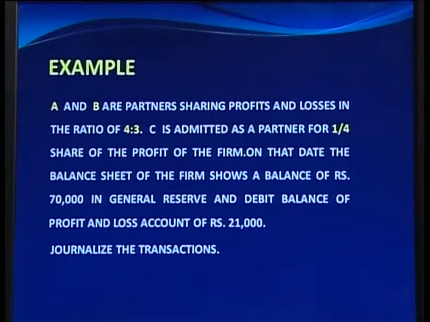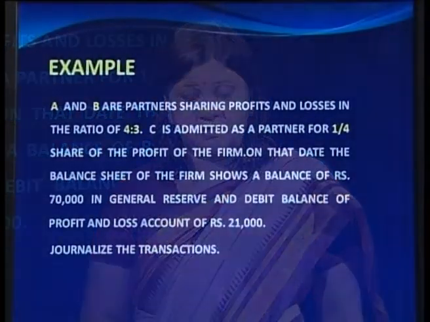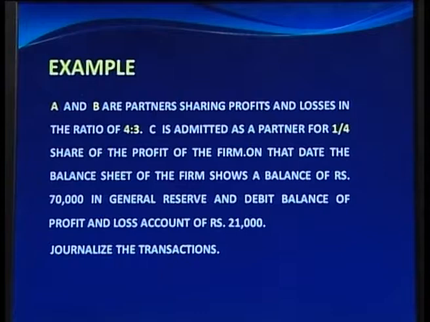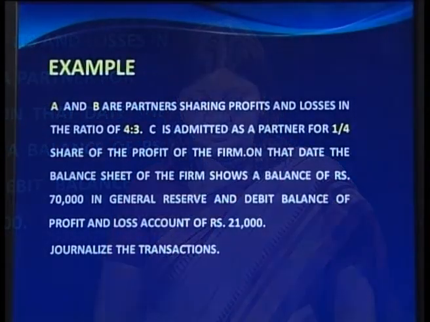Journalize the transaction. So, we are given a set of information where we have two partners A and B and their existing profit sharing ratio is 4:3. A new partner is being admitted for 1/4 share of the profit. When he is admitted, we have a balance sheet showing general reserves of rupees 70,000.